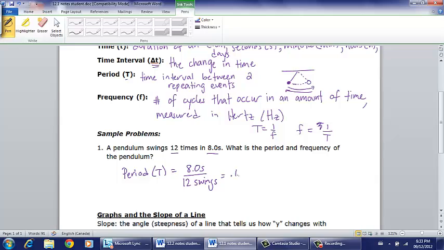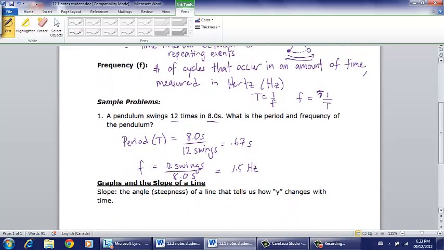So it's 0.67 seconds per swing, the amount of time it takes to happen once. Frequency is the opposite: 12 swings take 8 seconds. That's going to give us 1.5 hertz, or you can think of that as 1.5 swings per second.